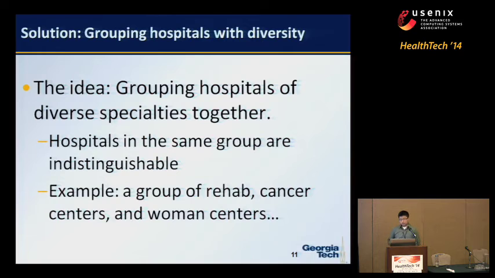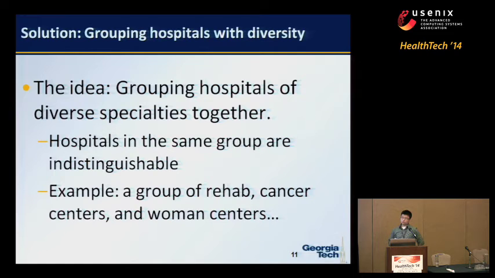So in order to solve this problem, our idea is to group hospitals of diverse specialties together. It's a very simple idea. Basically, in the same group, different hospitals are indistinguishable from each other. When the search request is redirected to one hospital in a group, it will also be redirected to any other hospitals in the same group.